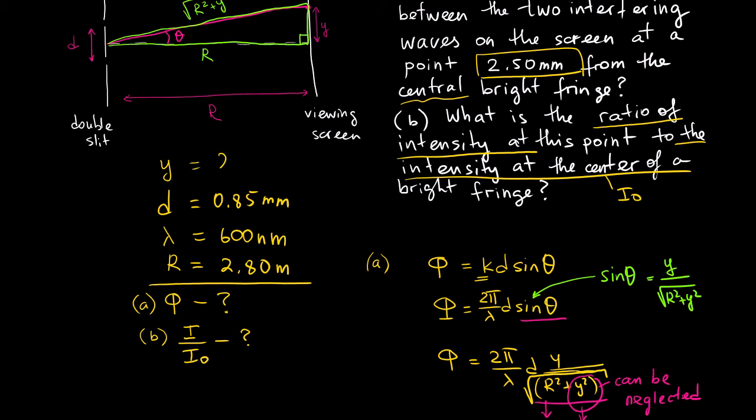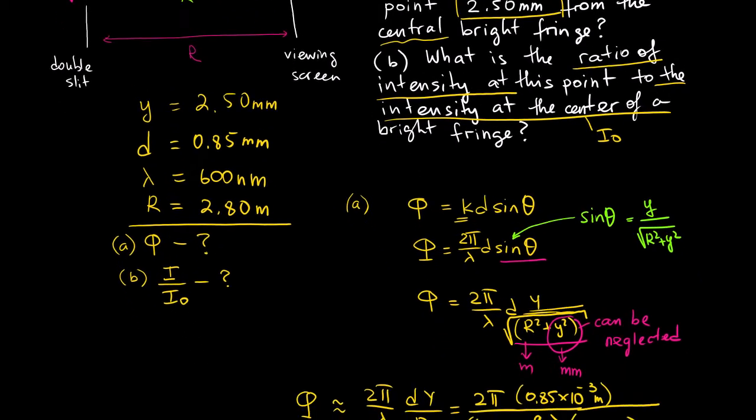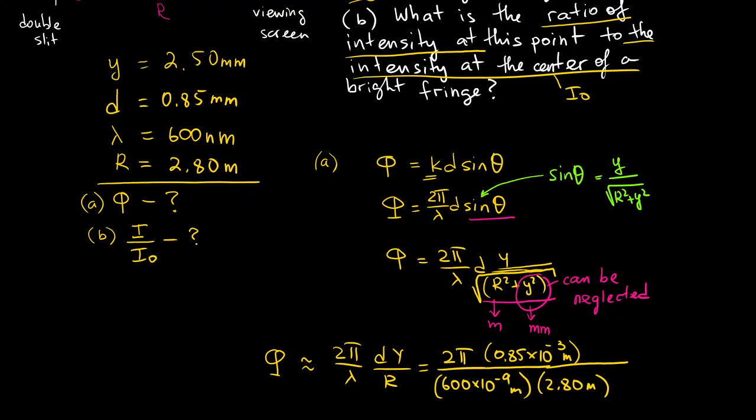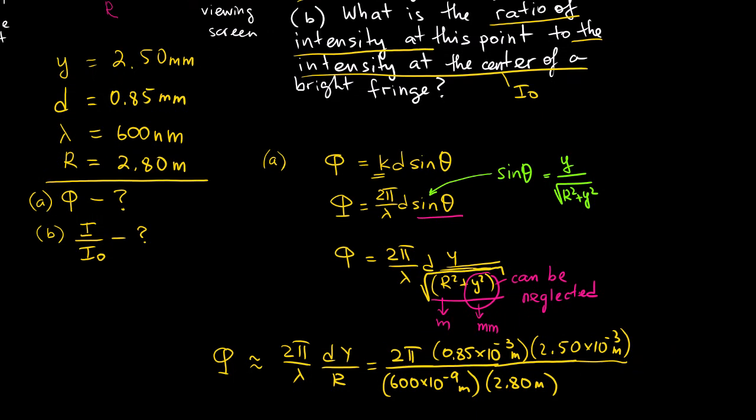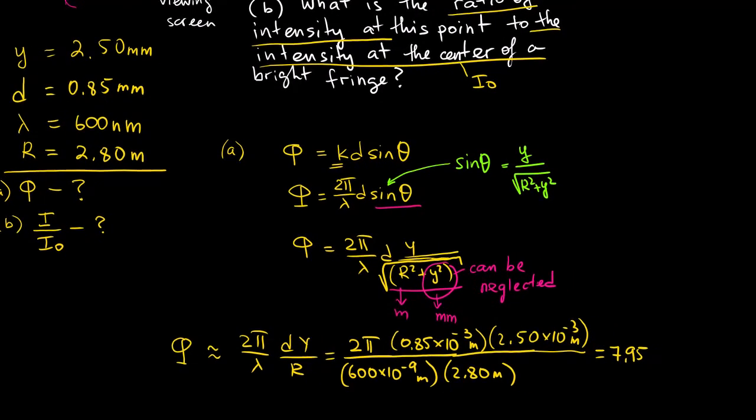So y equals 2.50 millimeters. So this is what I'm going to plug in here: 2.50 times 10 to the negative 3 meters. Punching this into our calculator, we will get 7.95 radians. So this would be the answer for the first part of the problem.